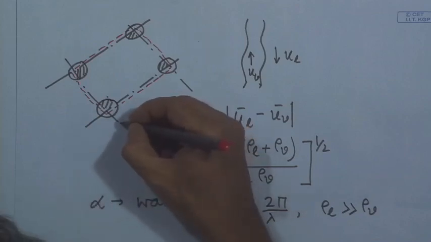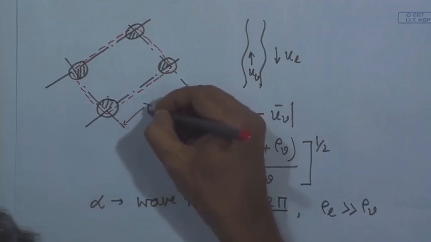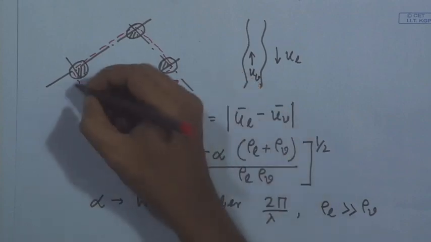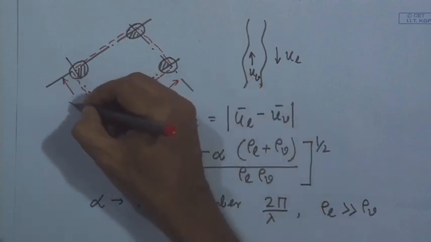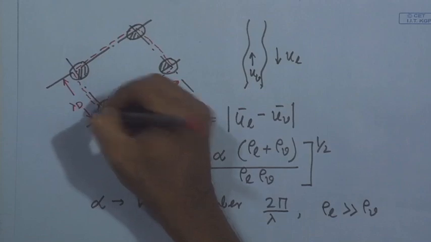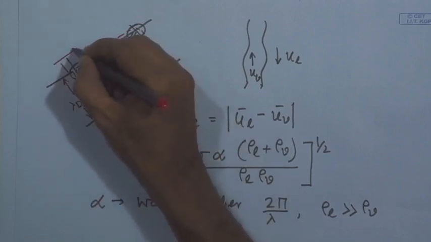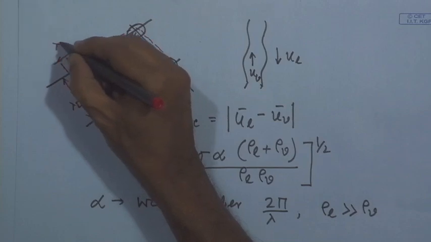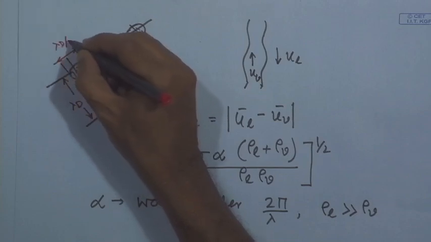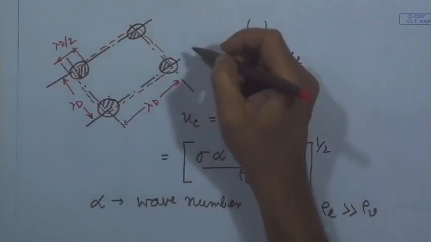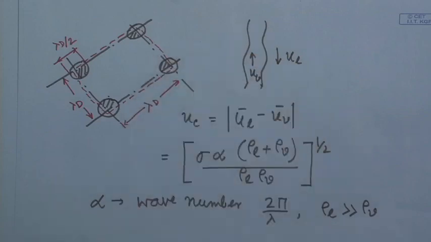So, if I take the distance as lambda d, this distance is also lambda d, and the diameter is lambda d by 2. So, we can see that in a square area of lambda d square, a vapor jet of lambda d by 2 diameter is generated.